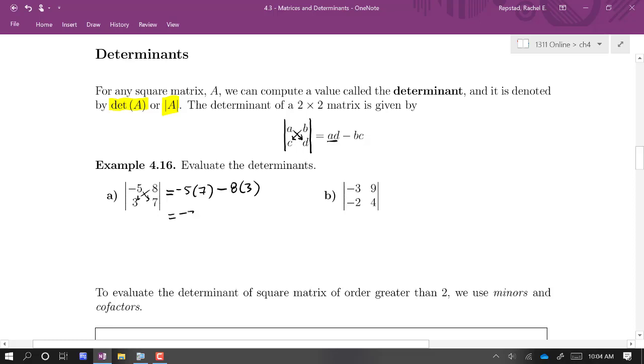So that's negative 35 minus 24, which is negative 59. In this other matrix, the principal diagonal, that's negative 3 times 4, and we're going to subtract 9 times negative 2. So we get negative 12 plus 18. We get a determinant equal to 6.